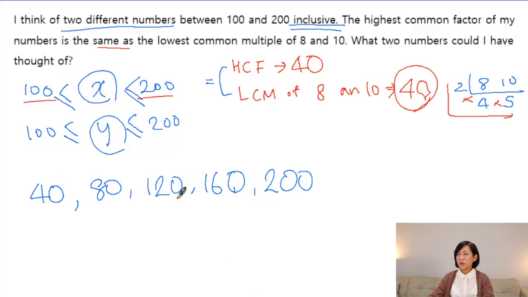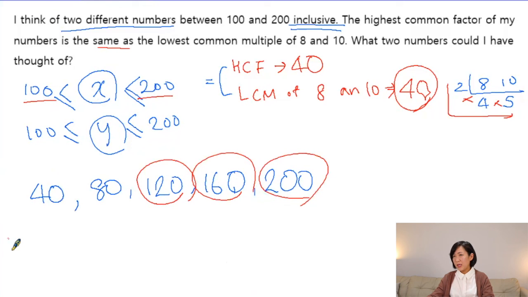That is 120, 160, and 200. Now thinking about it, 120 is 40 times 3, 160 is 40 times 4, 200 is 40 times 5. So you can see all the numbers have got 40 as a factor, right?